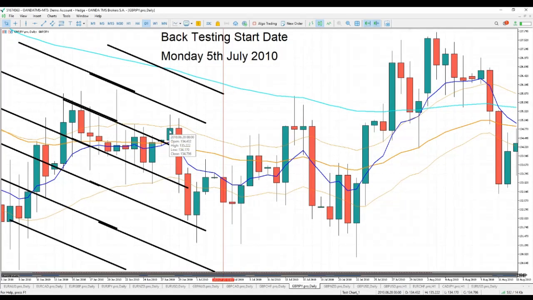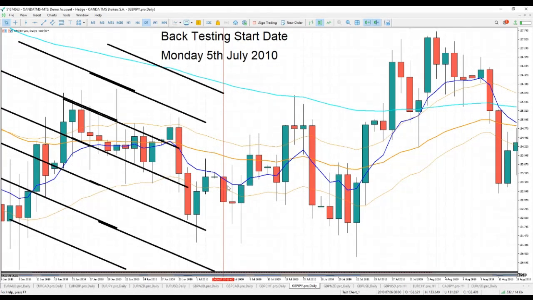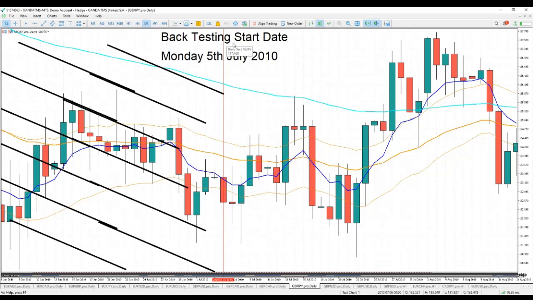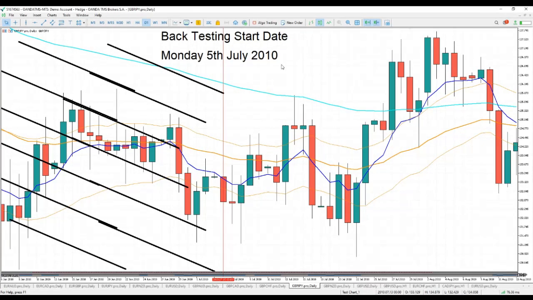As you can see, I've already put in a line here, and just to make it easy for myself, I've put some lines across here just so I know where I'm testing from, and I've even put the date in here. I've put down backtesting start date Monday the 5th of July 2010. Why I've picked that date, there's absolutely no rhyme or reason behind that. I've just gone back to a particular date and gone, right, okay, I've got just about 14 years of data to be working with, which I think is probably sufficient.